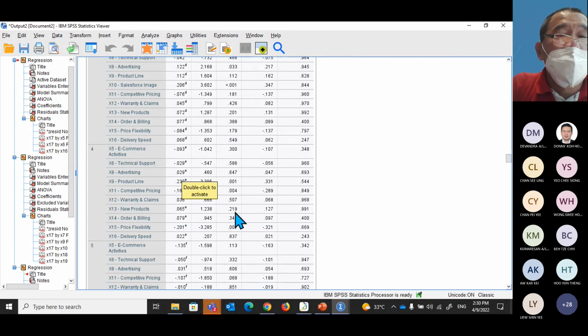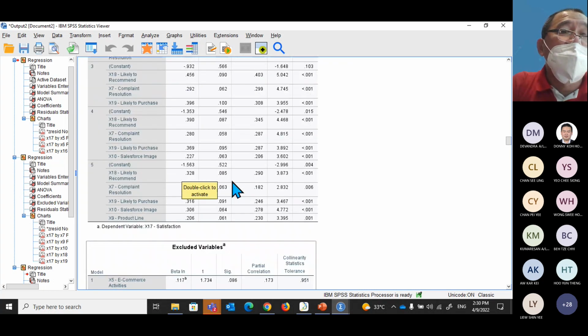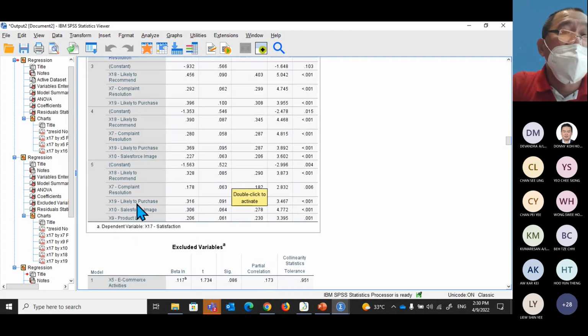Can you see? Price flexibility, and support is still smaller, maybe 0.0023. They choose the product line and include it in model 5.